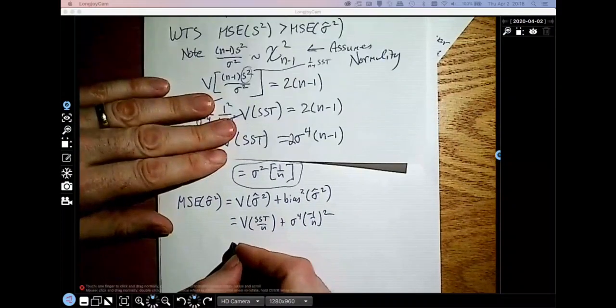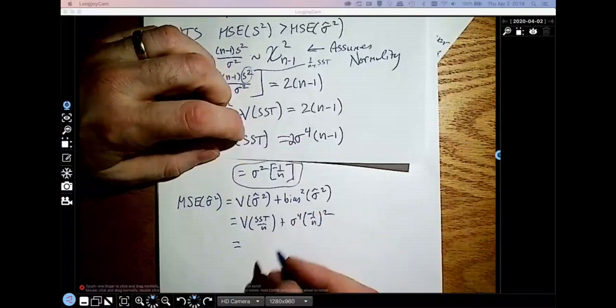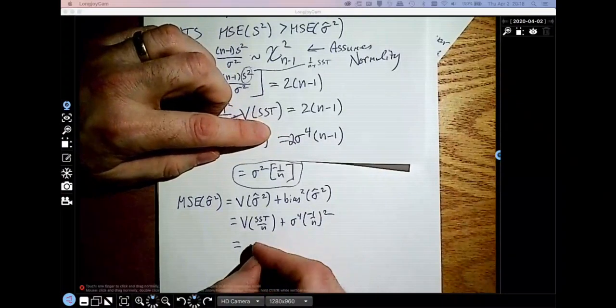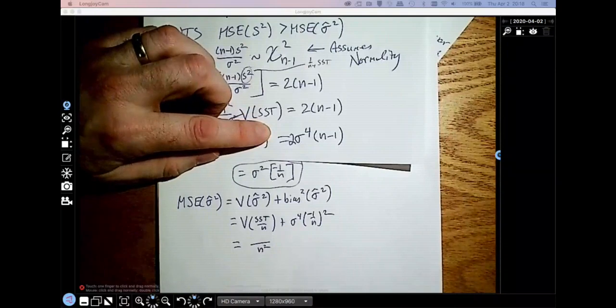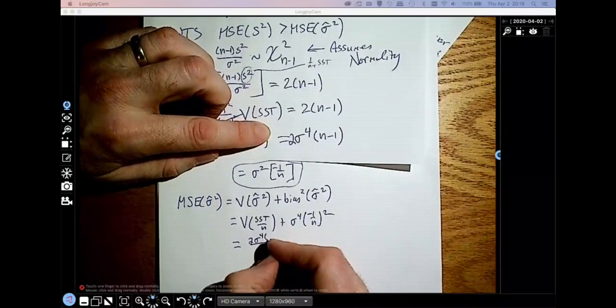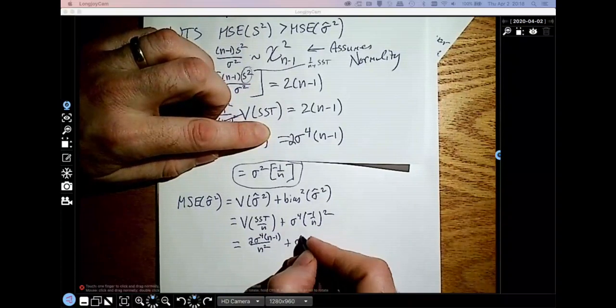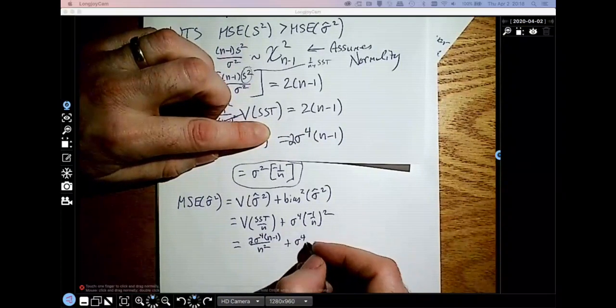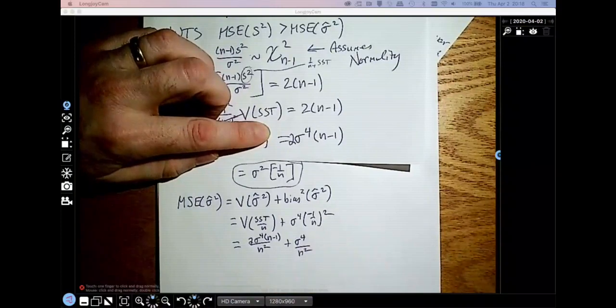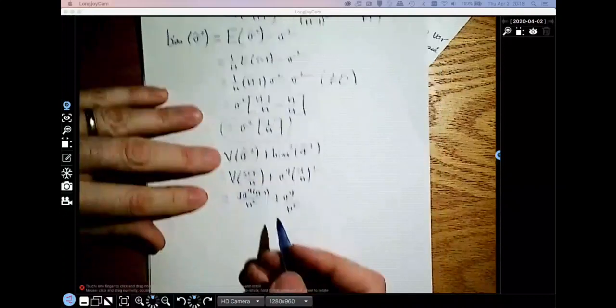So I can now write in the variance of SST. I can pull n out, so the n is squared. This is going to be 2 sigma to the fourth times n minus 1, plus sigma to the fourth, over n squared. So luckily we have a common denominator here.